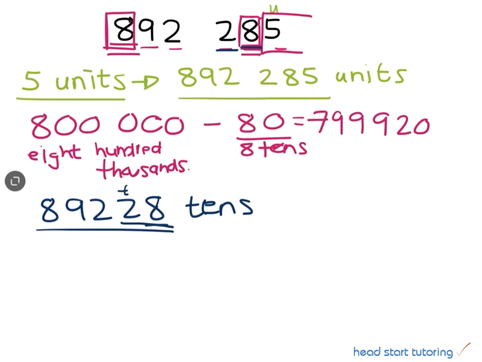Then in 2000 we've got 200 tens, which is why it's in the hundreds column now. In 90,000 we have got 9,000 tens, and in 800,000 we have got 80,000 tens. So that would be your answer if the question was how many tens are there in this entire number.